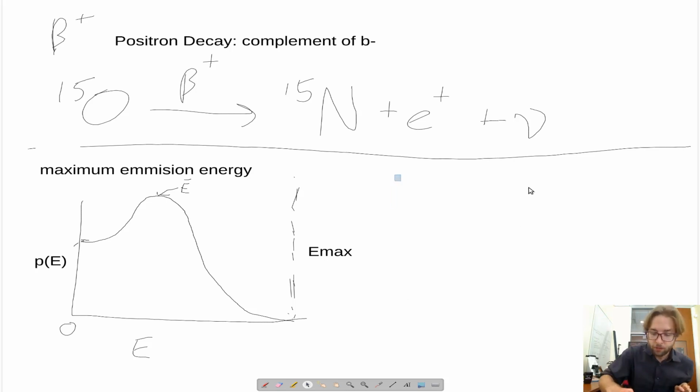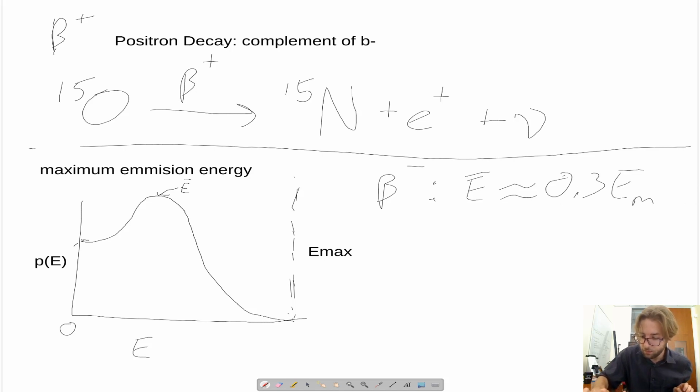So for beta minus, the E bar is approximately equal to 0.3 E max.